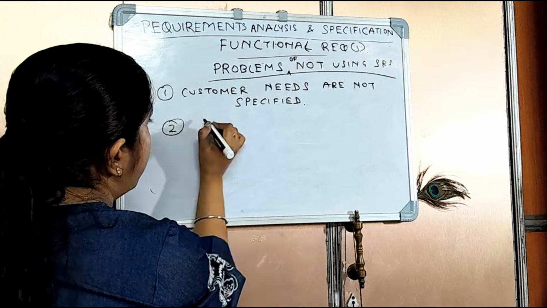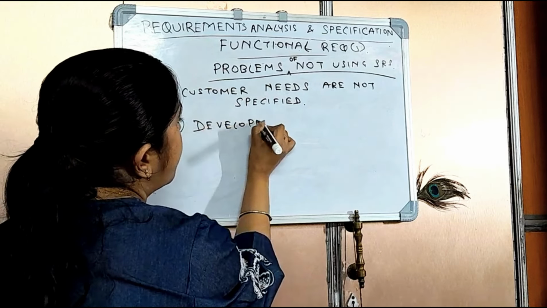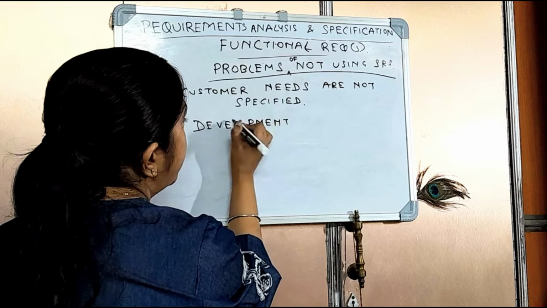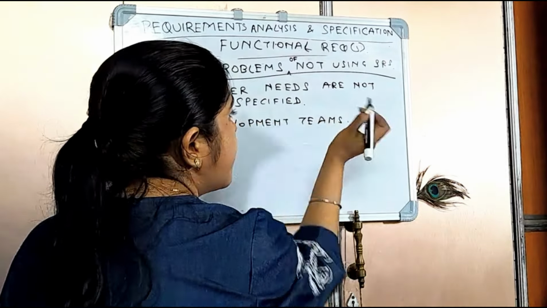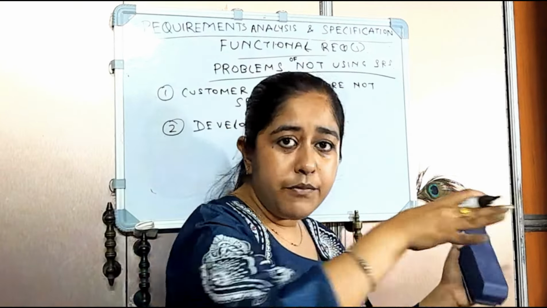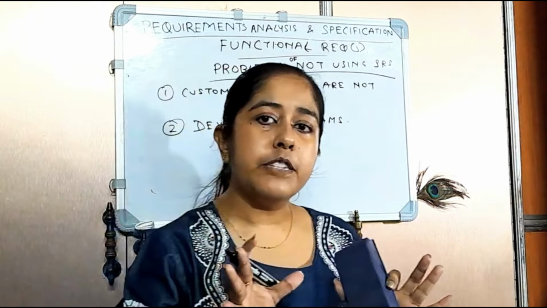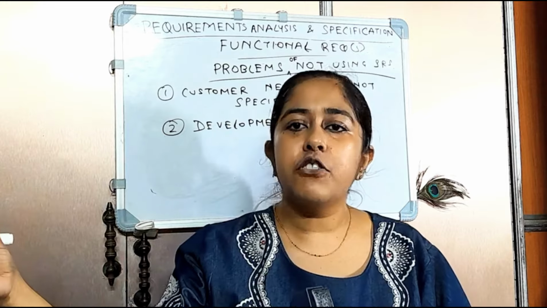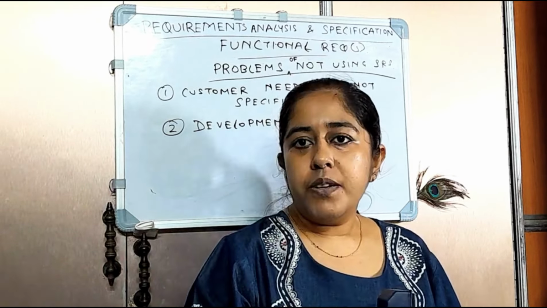Second, the development team also needs to know. I have already told you that the different development teams also need a particular document for their further processing or development. For their purpose also you need an SRS document.